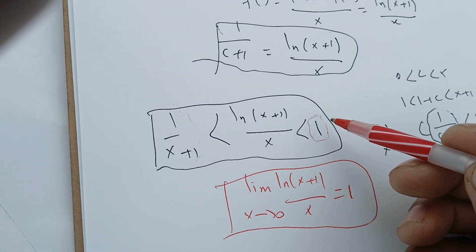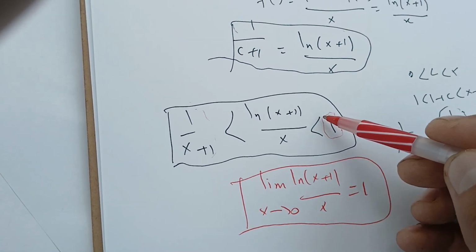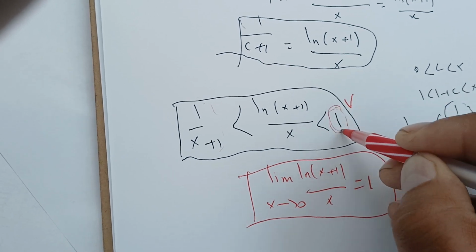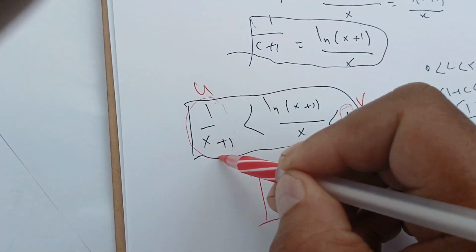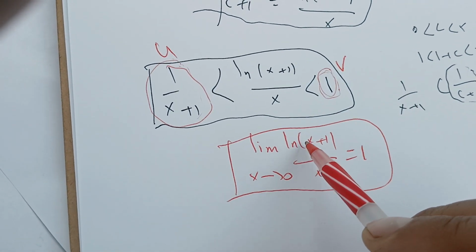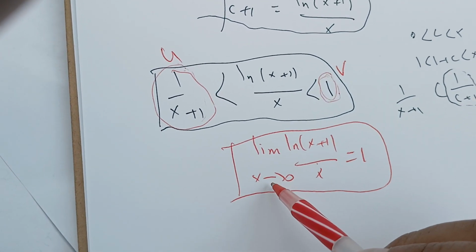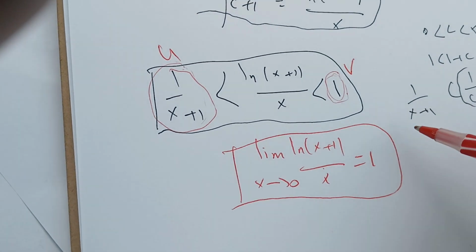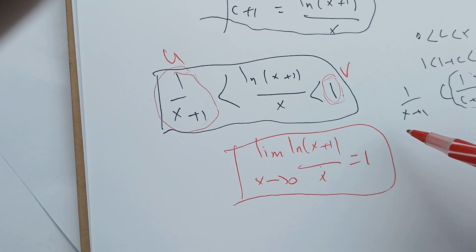So we use the squeeze theorem with these two functions, v is 1 and u is 1 over x plus 1. And we proved that the limit of ln(x+1) over x when x goes to 0 is 1. So this is using the mean value theorem.